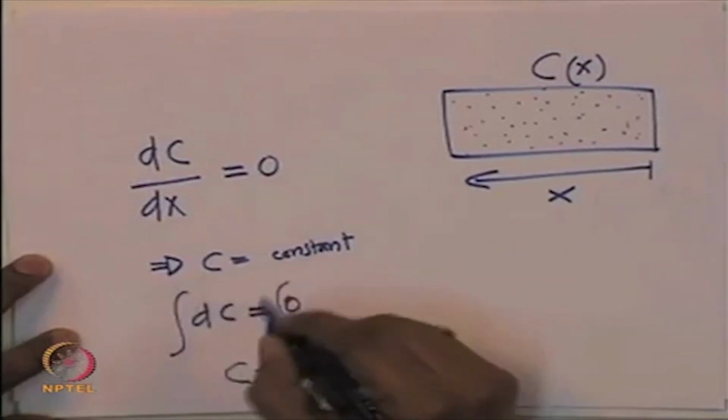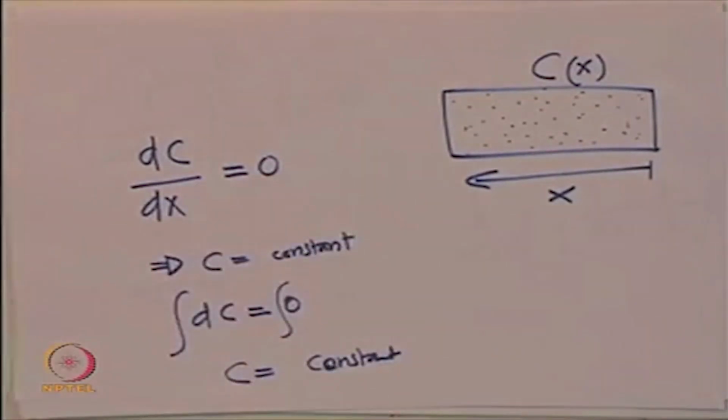That is how you integrate this equation. Essentially what we did here is convey that the concentration is uniform across the cell or this particular region, and this is mathematically expressed as dc by dx is 0.